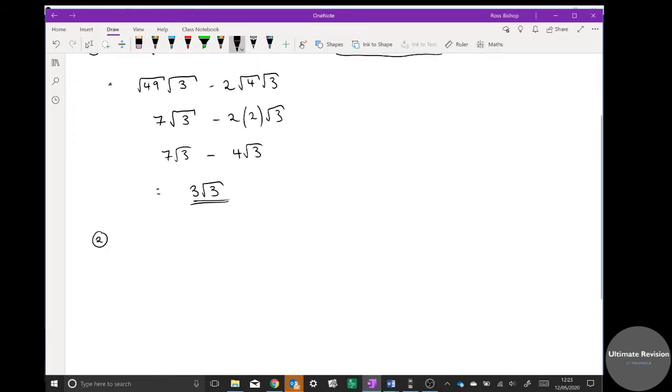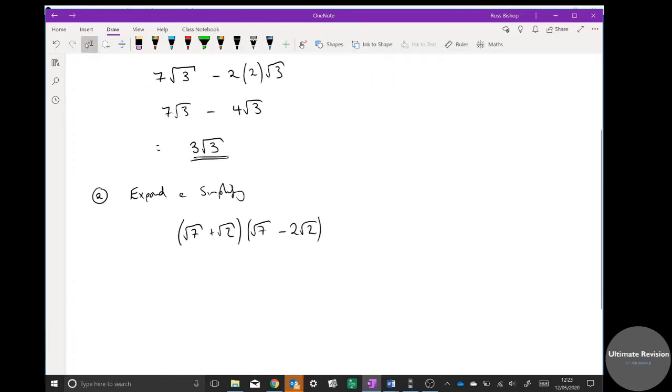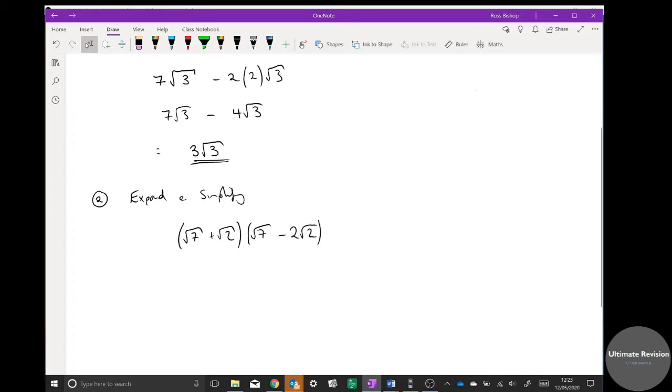Example number 2, we're going to expand and simplify. So expand and simplify the following: root 7 plus root 2, times root 7 minus 2 root 2. Okay, again, a useful skill to use at A-level. So I just do it exactly as I normally would. Root 7 times root 7 is just 7.